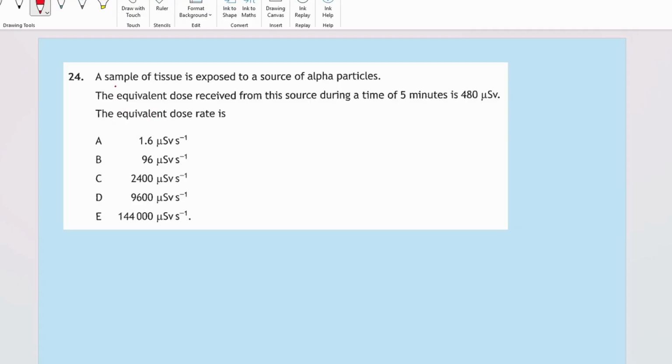Question 24 says a sample of tissue is exposed to a source of alpha particles. The equivalent dose received from this source during a time of 5 minutes is 480 microsieverts. The equivalent dose rate is. So notice how they give all the options in microsieverts. So let's not convert this to scientific notation. So we use the formula H dot is equal to H over T, where H is the equivalent dose received, and that is 480.